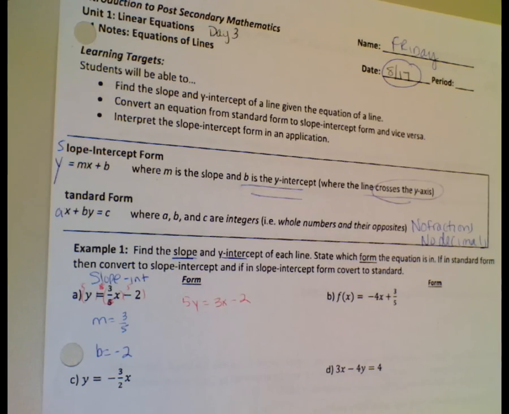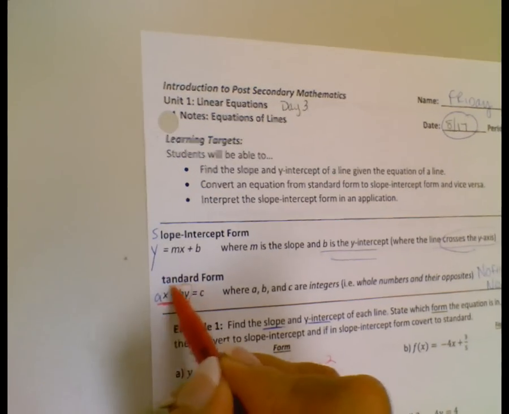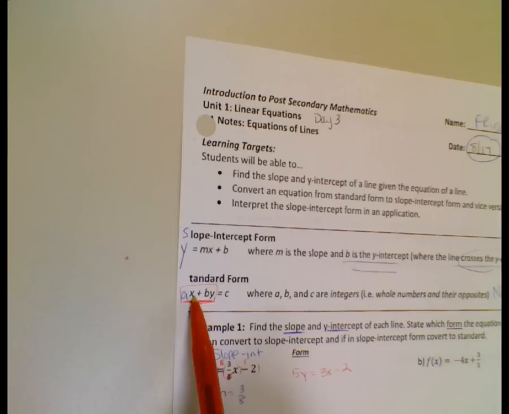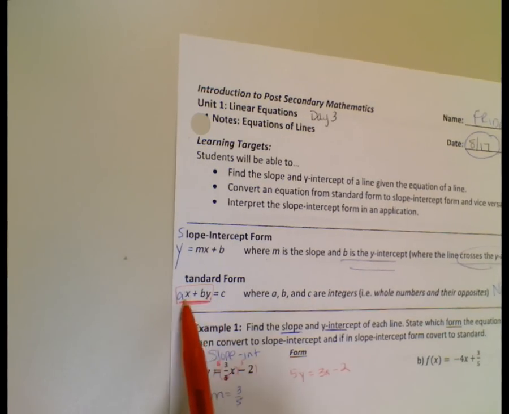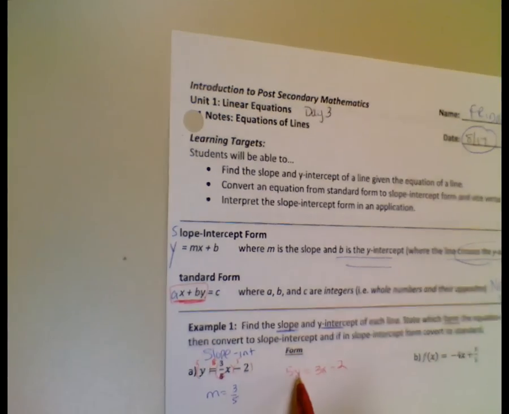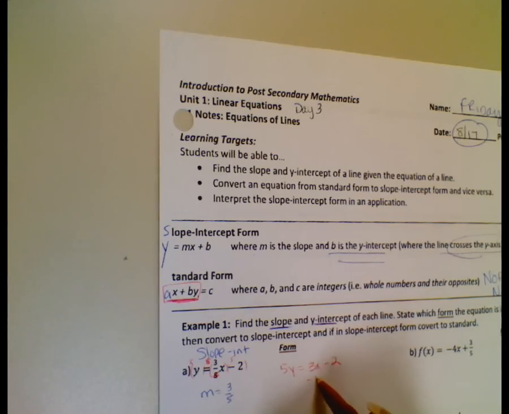So notice there's no fractions or decimals, but it's not in standard form. Standard form means your x and y are on the same side. I call it Xavier and Yolanda. Make sure they're on the same side. So right now we have Yolanda over here, but Xavier's on the other side. So let's bring one of them over. Let's go ahead and bring Xavier over.